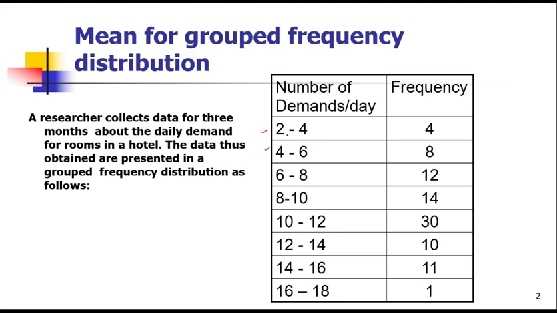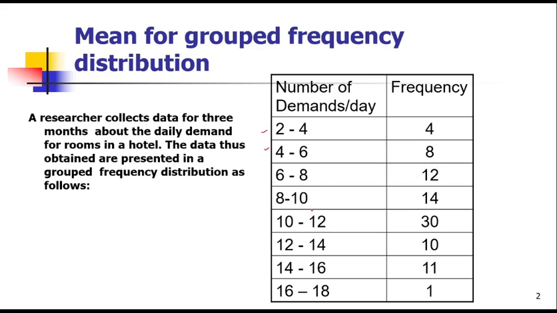Now in this hotel there were 4 days out of 90 days, that is 3 months, when only 2 to 4 rooms were demanded. Then 4 to 5 rooms, actually 4 will be considered here, were demanded on 8 such days. 6 to 7 rooms were demanded on 12 days.